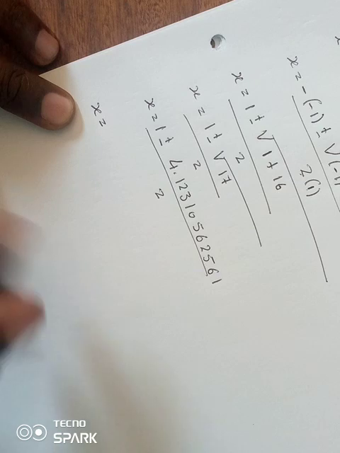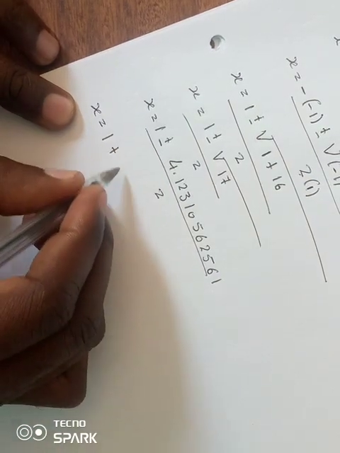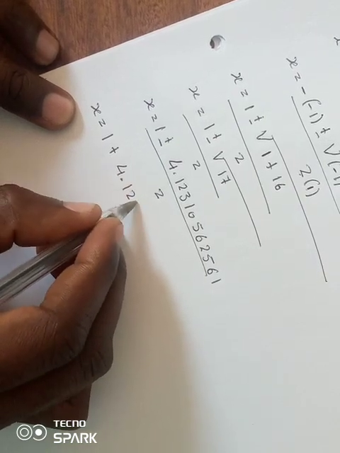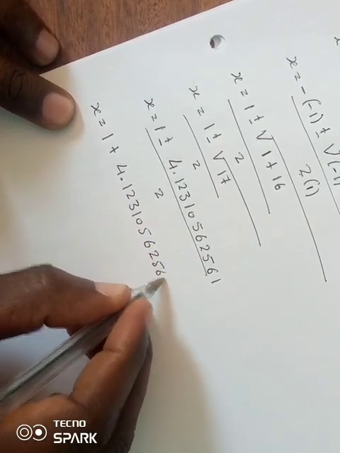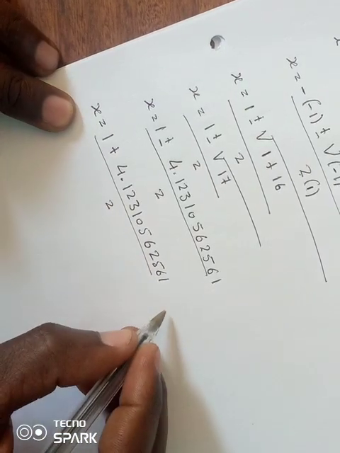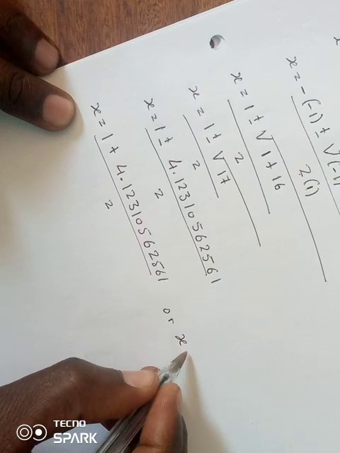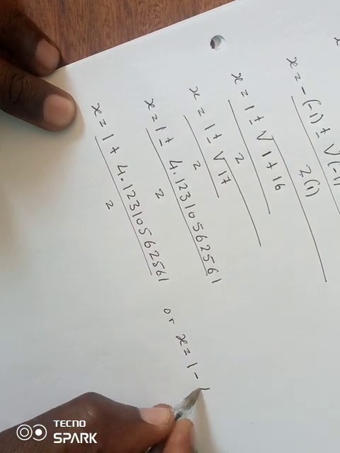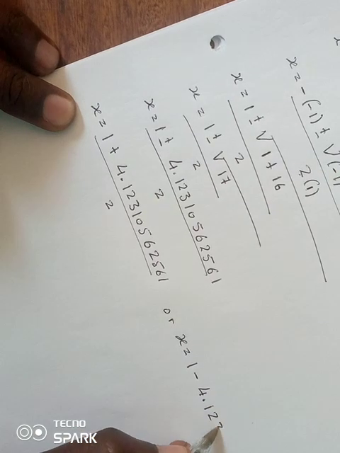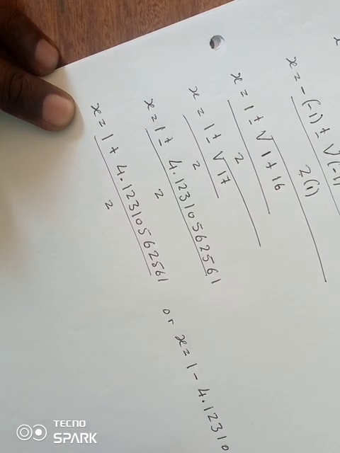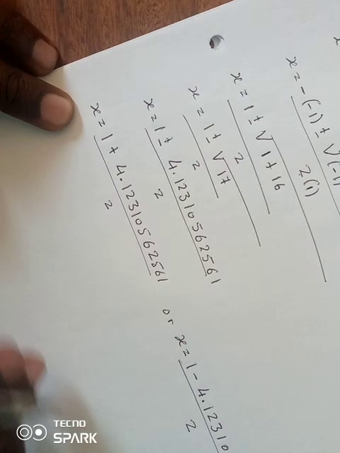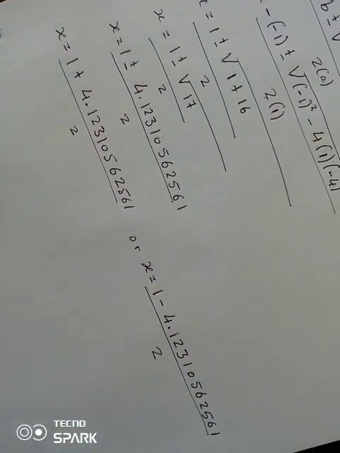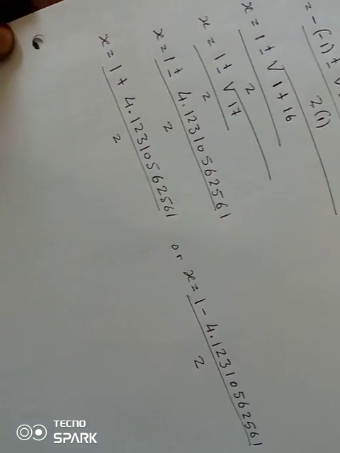So now here we're going to find the values of x, that is 1 plus 4.12310562561 over 2, or x equals 1 minus 4.1231056251 over 2. Okay, so that is how that summation is.